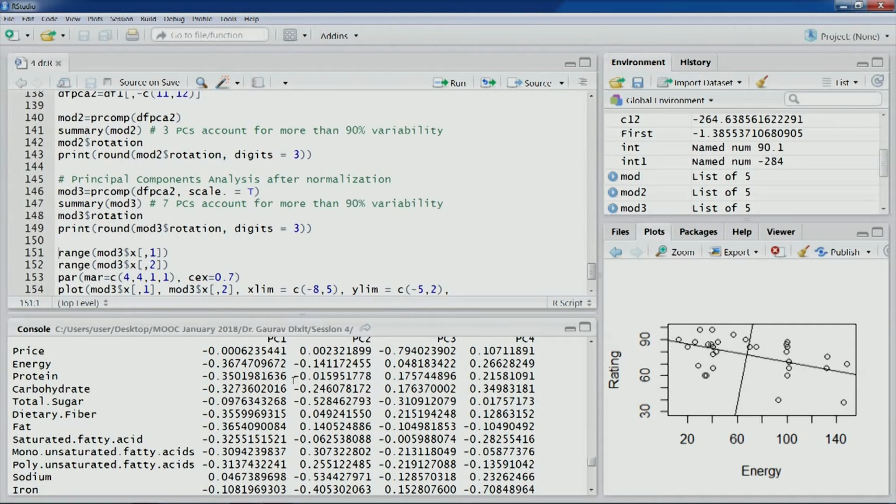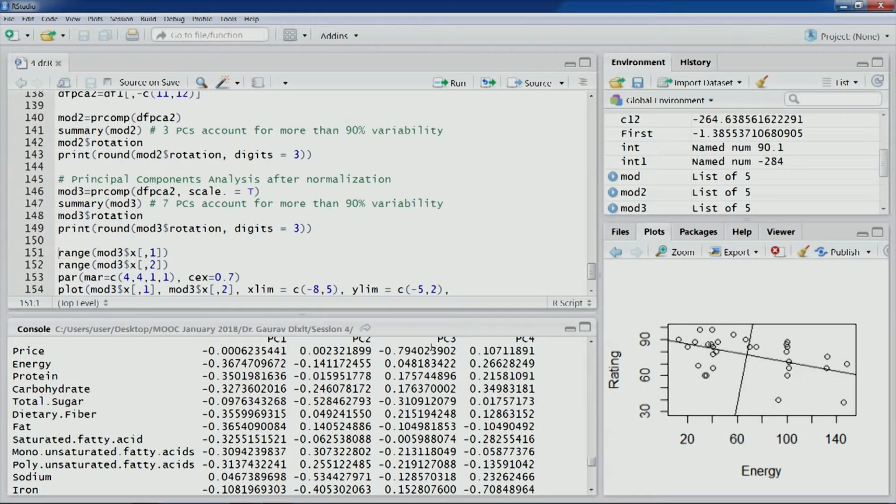If we look at principal component 1, the weights are also with a minus sign. So energy and protein, PC1 is mainly signifying the principal component determined by energy, protein, carbohydrate, fat, saturated fatty acids, so many of these contents. PC2 is mainly determined by sugar and sodium.